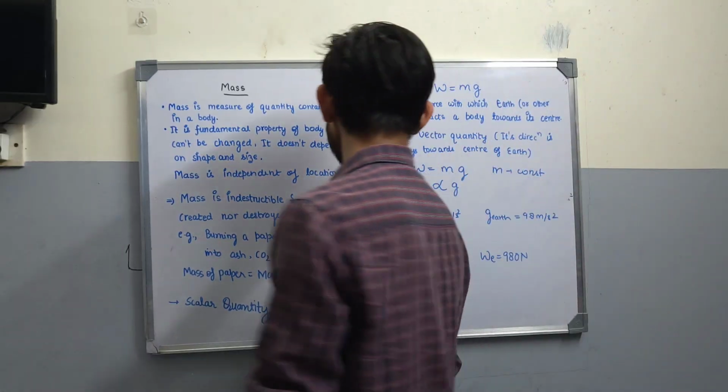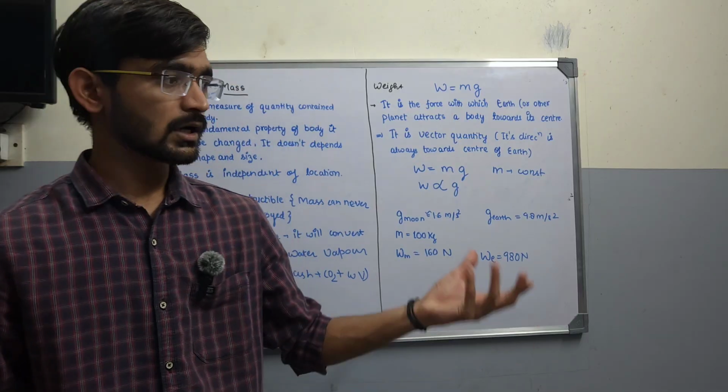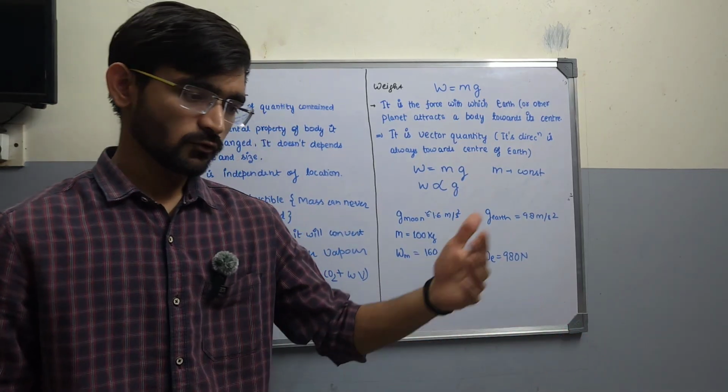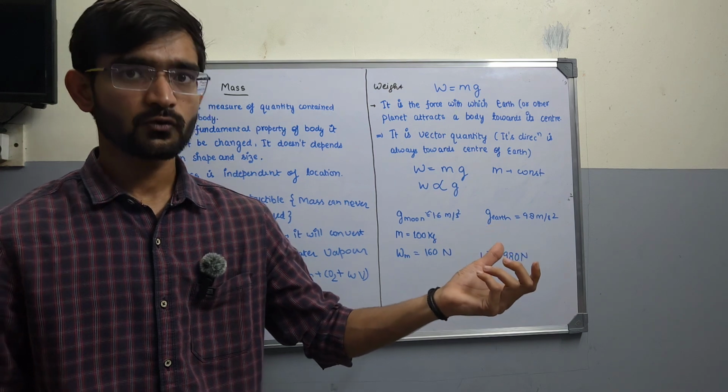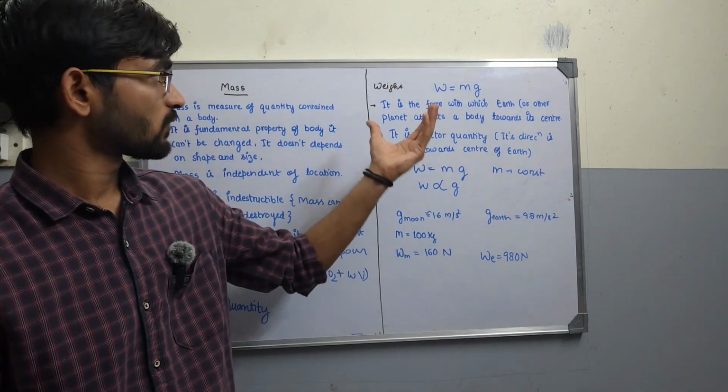Now we will discuss weight. So what is weight? Weight is the force with which Earth or any other planet, suppose you are on the Moon, with what force the Moon is attracting you towards its center, this is called weight.